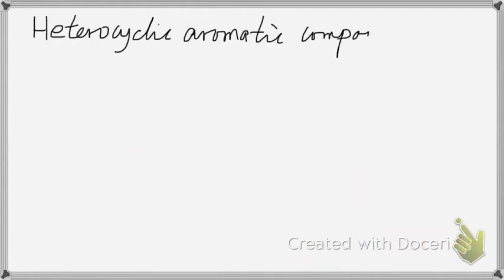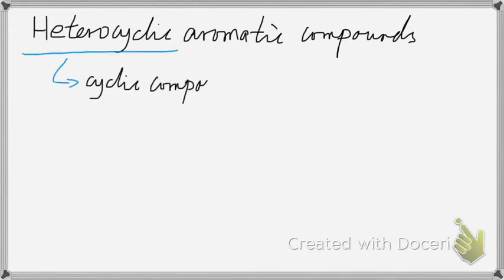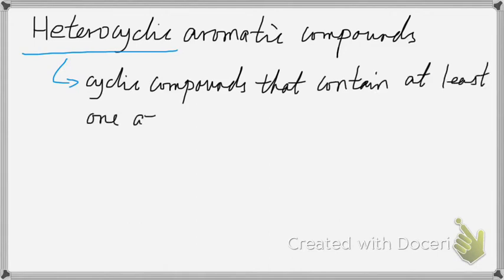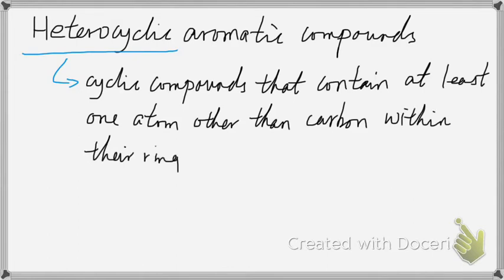All right. Lastly, we want to take a look at a few heterocyclic aromatic compounds. Heterocyclic means we have cyclic compounds that contain at least one atom other than carbon within their ring. And these atoms could be nitrogen, oxygen, or sulfur.